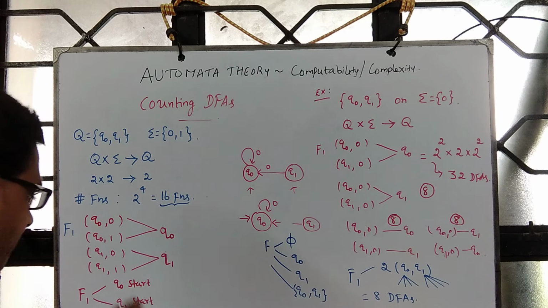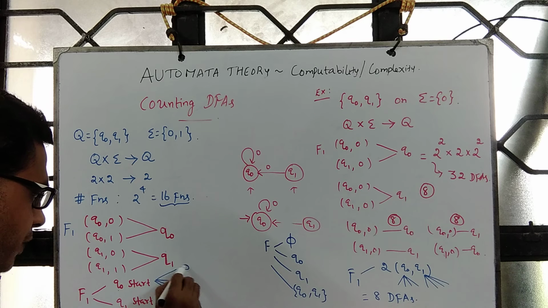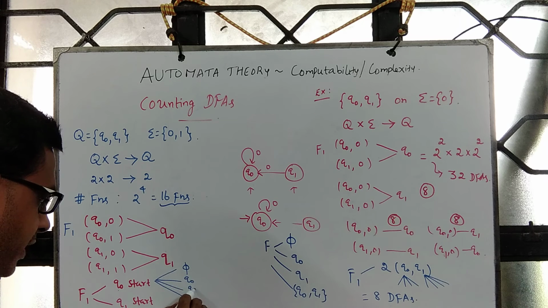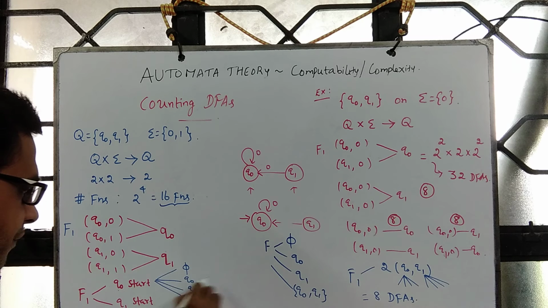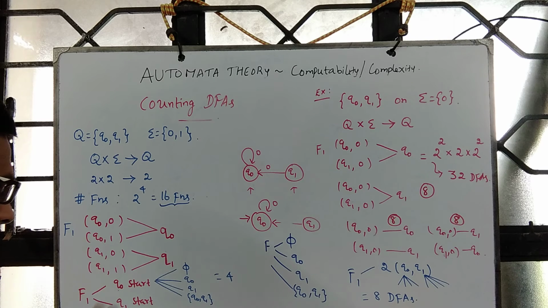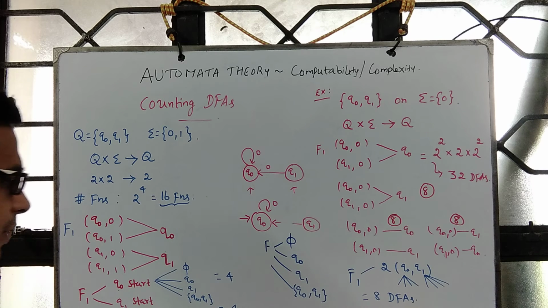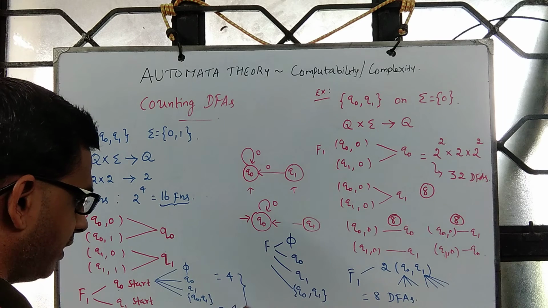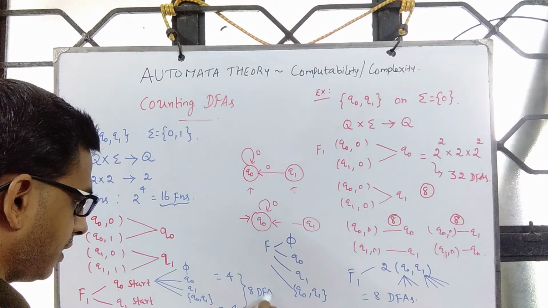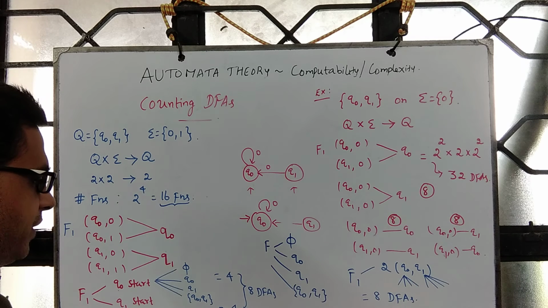Now with q0 being the start state, we look at possible values for the final states. It could be empty, it could be q0, it could be q1, or q0 and q1, which means we get 4 DFAs with q0 being the start state, and another 4 DFAs with q1 being the start state. So we get 8 DFAs for f1. So now how many functions are there?